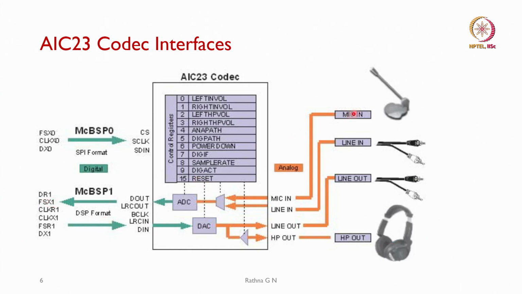As we can see, I can give the input as mic in or stereo, or take stereo output, or I can connect the headset. And then we have different configurations here. We will see in later classes how we will be interfacing these things.